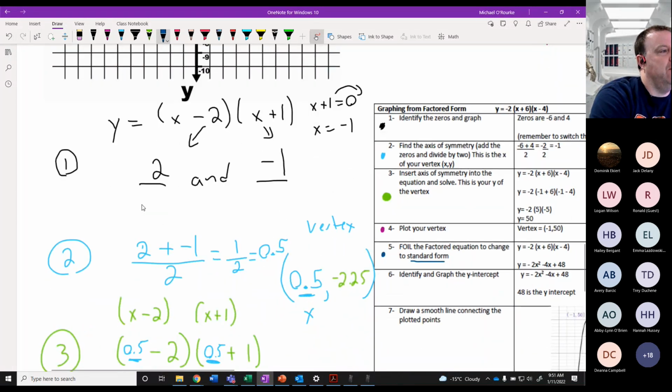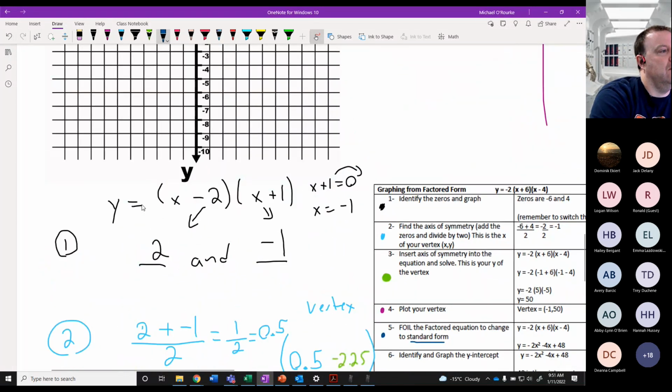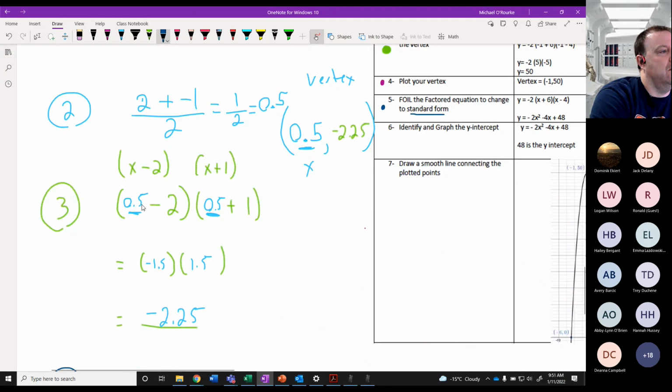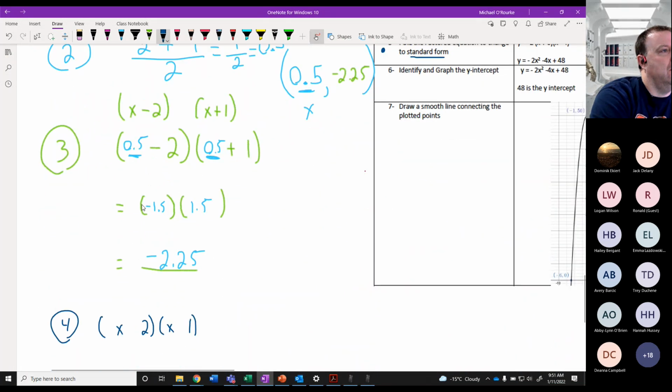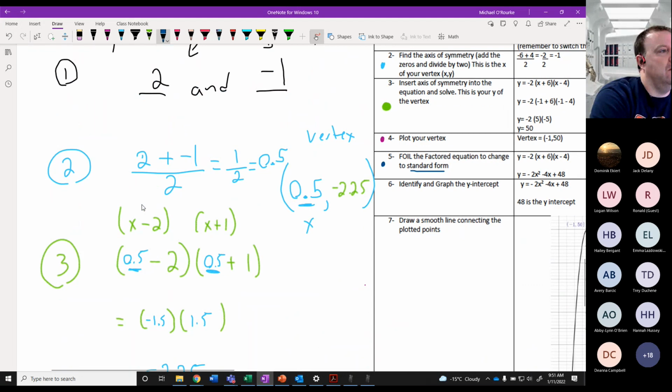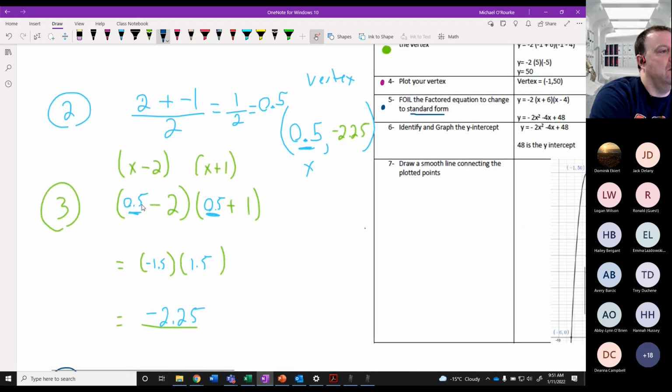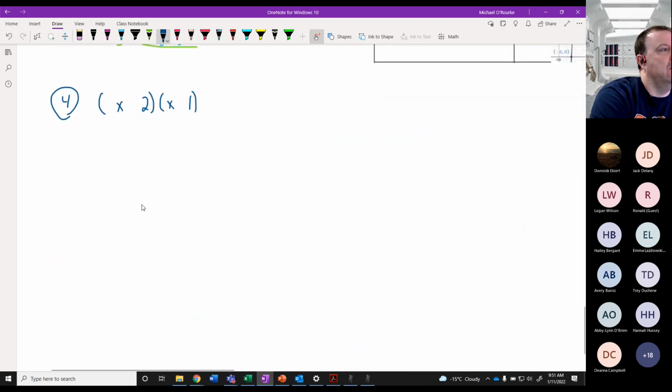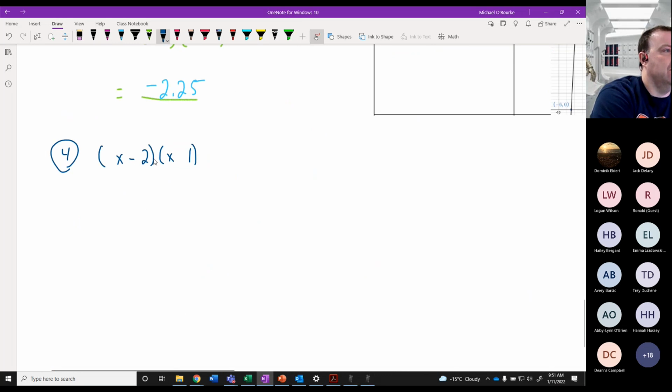Did I mess up somewhere? No. Now I want you to FOIL this to get to your standard form, okay?